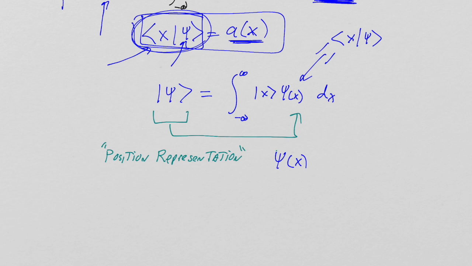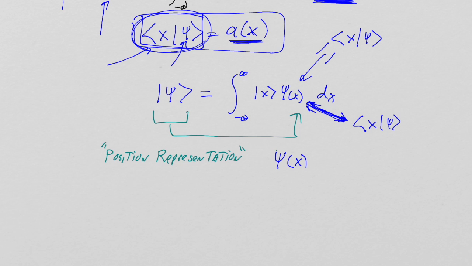In the position representation, this is literally what that means, right? The ket of the physical state is a superposition of the eigenkets of the position operator, and the coefficient of each of those eigenkets is given by this continuous function of x, which in our formalism really is the inner product of x with psi. And this is the connection between wave functions and our formalism.